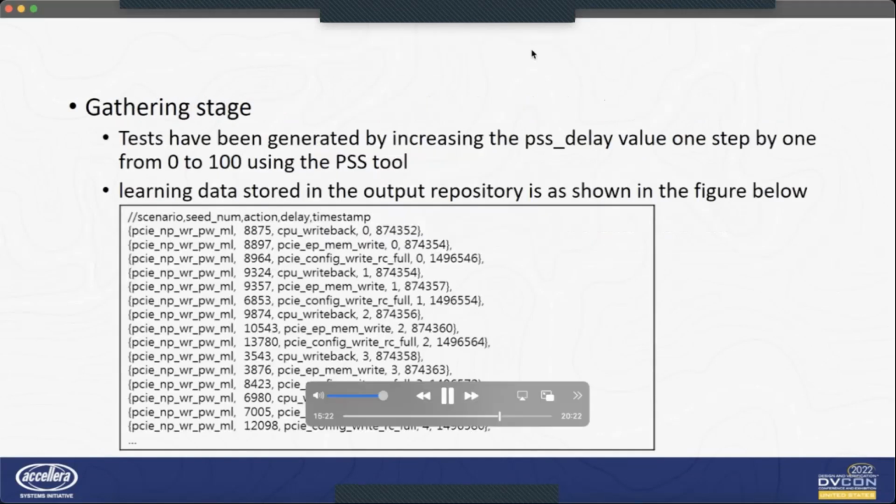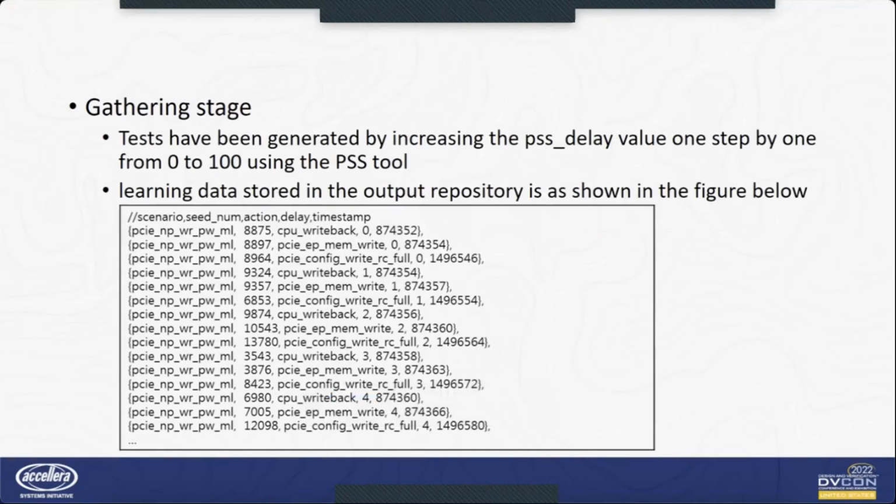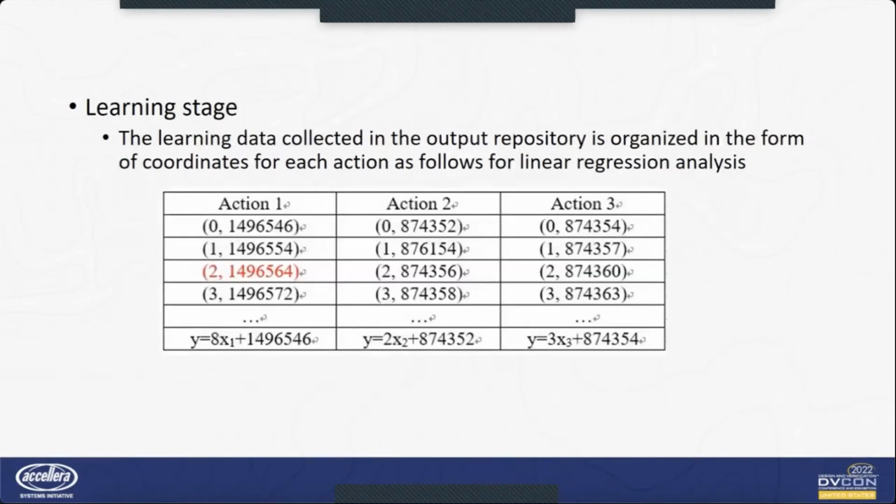The figure below shows the data stored in the actual output repository. We created a test with delay values from 0 to 100 through the PSS tool and were able to obtain the following learning data from the simulation results. The table below shows the coordinates of each delay input value and the simulation timestamp value stored in the output repository.